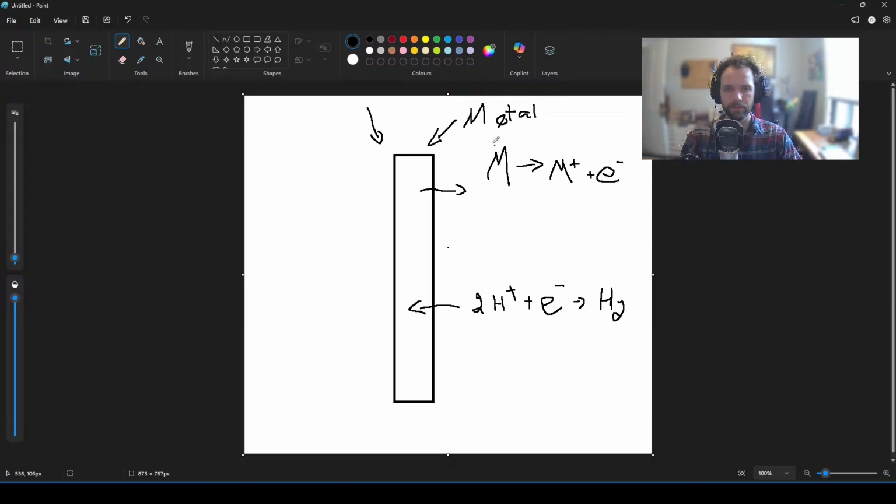This is the cathodic reaction. This is the anodic reaction.